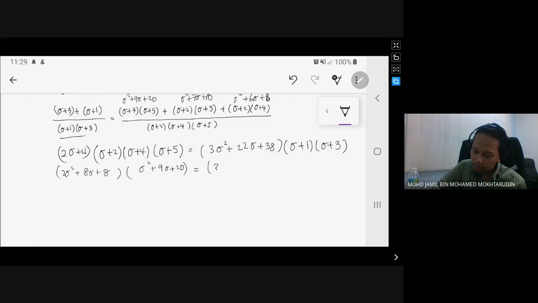So this one 3 sigma square, okay, simplify again.